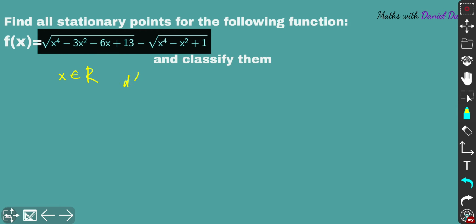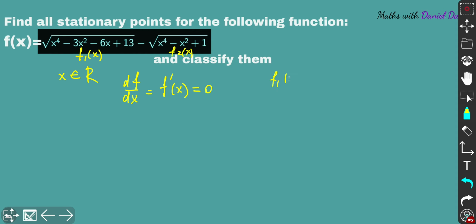So you take df/dx, you differentiate your function with respect to x and find the derivative. And as you know, at stationary points you need to equate it to 0. So what we're going to do, we take the derivative of the compound function. Let's say this is f1, the first radical, and this is f2, the second radical.